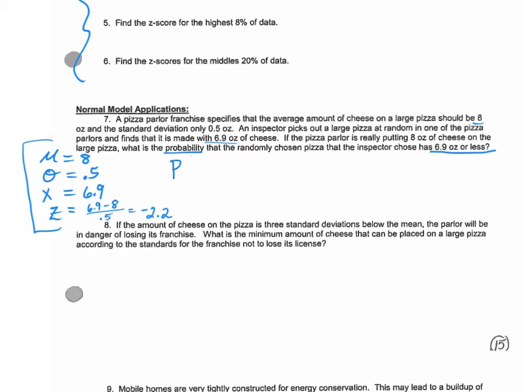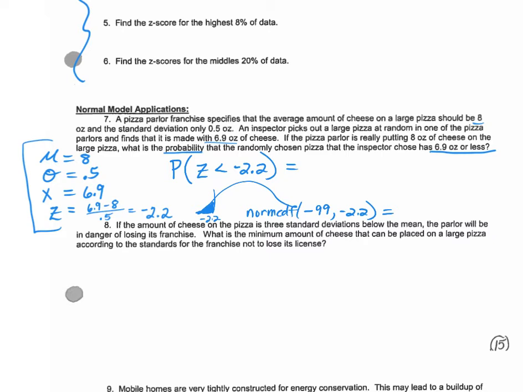So I want the probability that I get a z-score less than negative 2.2. How are you going to do that? If you're thinking of a picture, you're way down here at negative 2.2, and you want to find this area. You can get that from your z-chart, or I'll tell you how to get that on your calculator. You could use normalcdf from negative infinity, which is negative 99, up to negative 2.2.